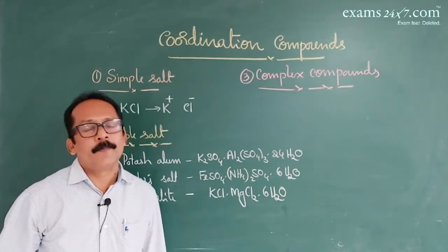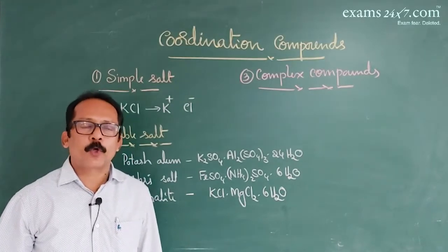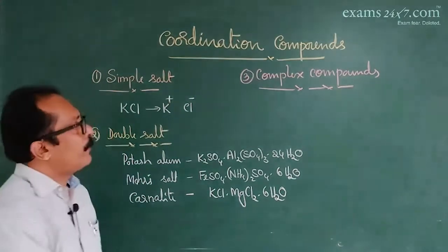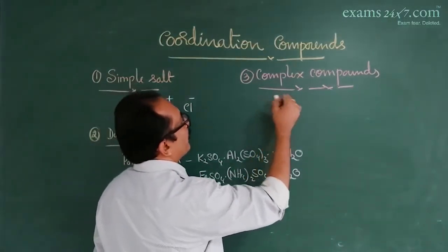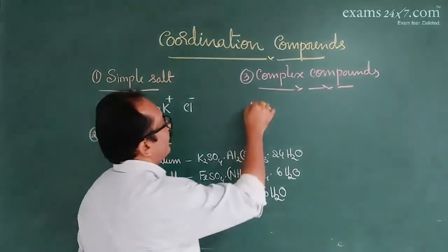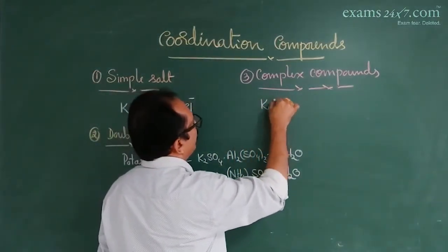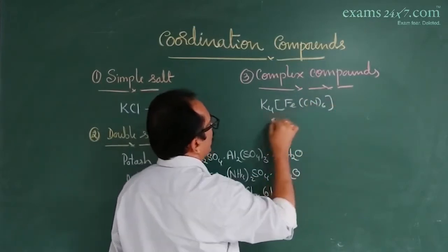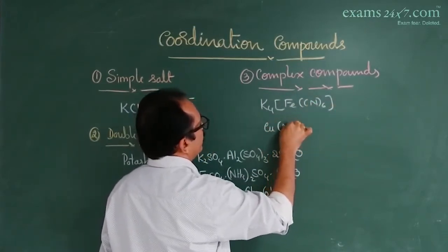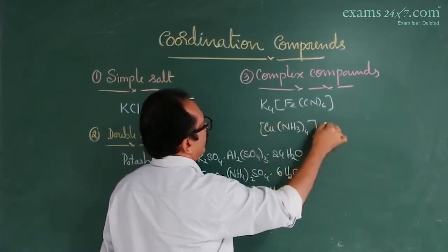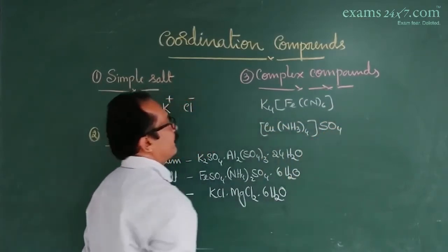And they are stable in both solid state as well as liquid state. Example for complex compound, potassium ferrocyanide, K4[Fe(CN)6], and cuprammonium sulfate, [Cu(NH3)4]SO4.